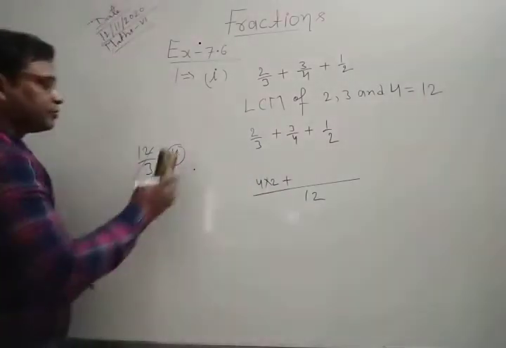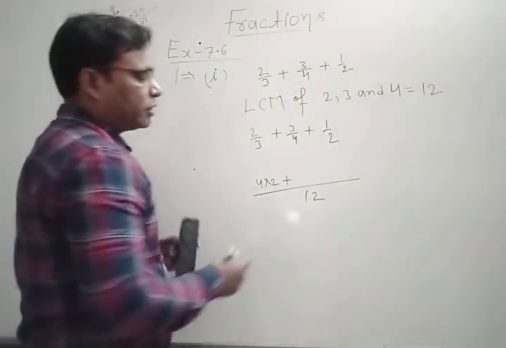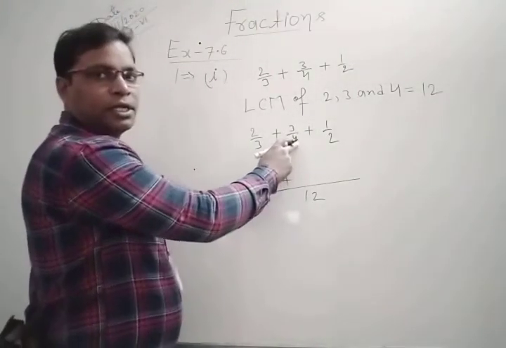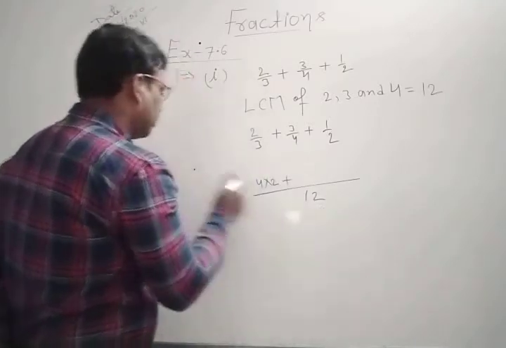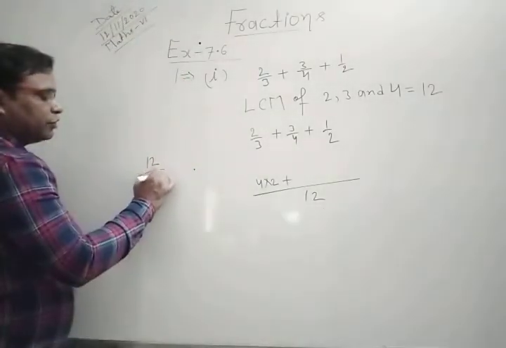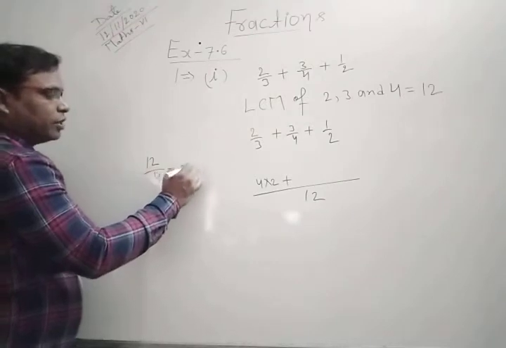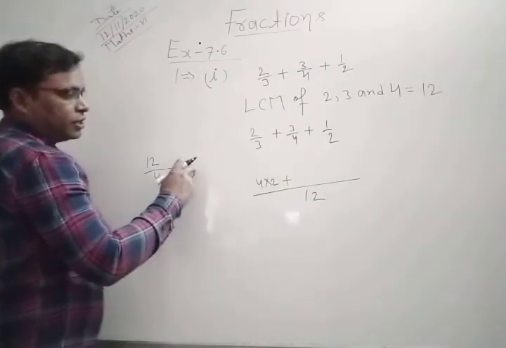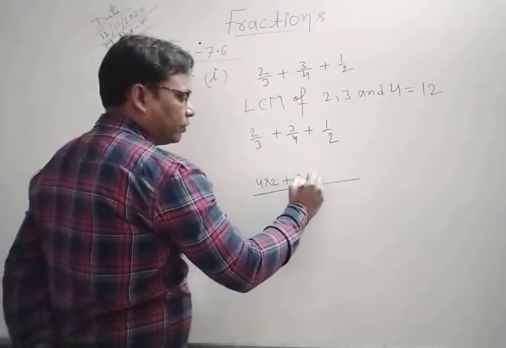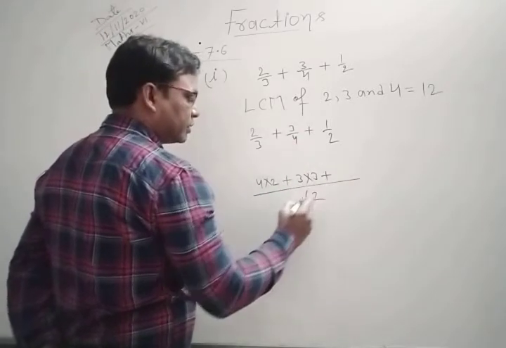Now again, the denominator of the second fraction is 4. The LCM is 12. If you divide this 12 by this 4, then you obtain 3. So now you multiply this numerator by this 3. So it will become 3 into 3 plus. Clear?